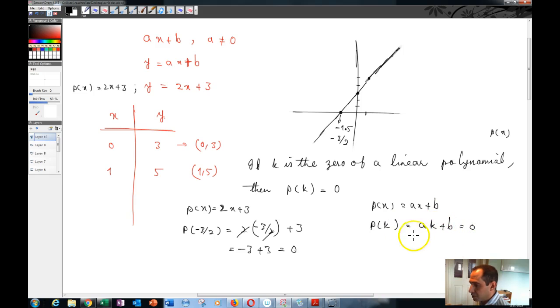And if ak plus b is equal to 0, that means that k is equal to negative b by a. And what that means is that at this point k, which is negative b by a, the output of the function is going to be equal to 0, and what that means is that the coordinates of this point are going to be negative b by a, comma 0.